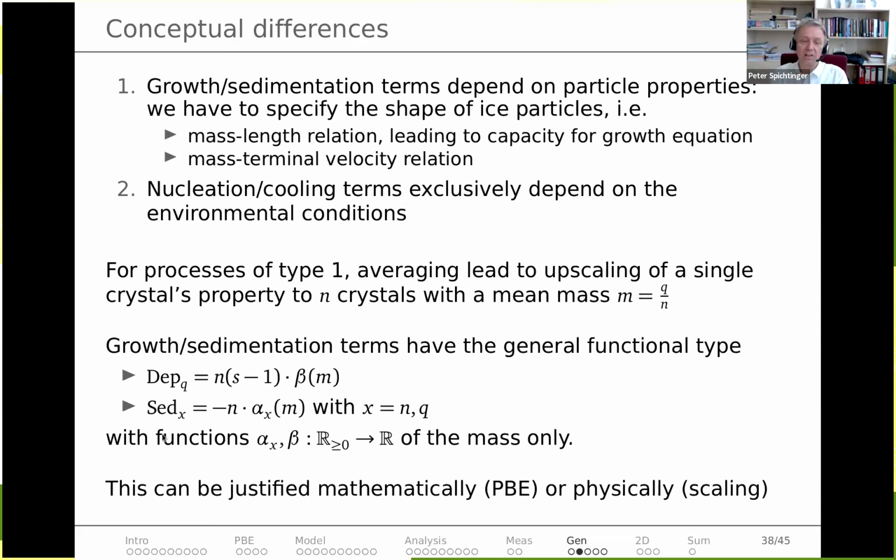And what you can see, in a more abstract way, is that the growth and sedimentation terms have a general functional type like this. So the growth term is number concentration times supersaturation minus 1 times a function just depending on the mean mass. Sedimentation is the same. So the X stands for N or Q. So you have number concentration times a function which is just depending on the mass, which can be justified mathematically or physically.